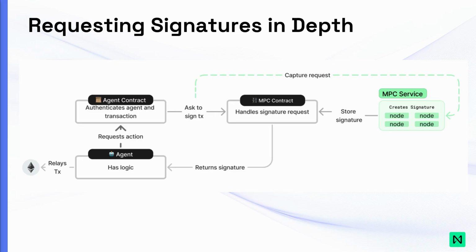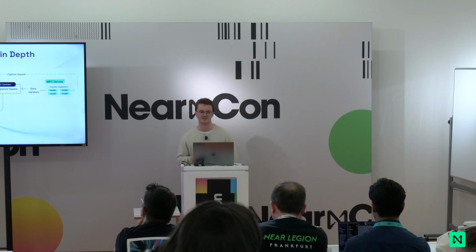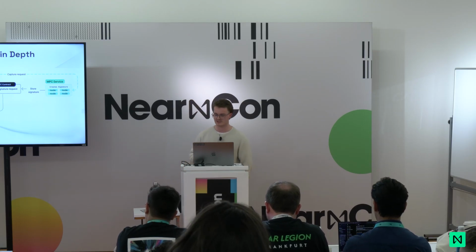The MPC contract takes all these signature shares, puts them together, and then gives the agent a signature. And the agent will just take the transaction, take the signature, put them together, and then relay it to the destination chain. So you see it's relaying to Ethereum here, but it supports basically 90 to 95% of all chains.